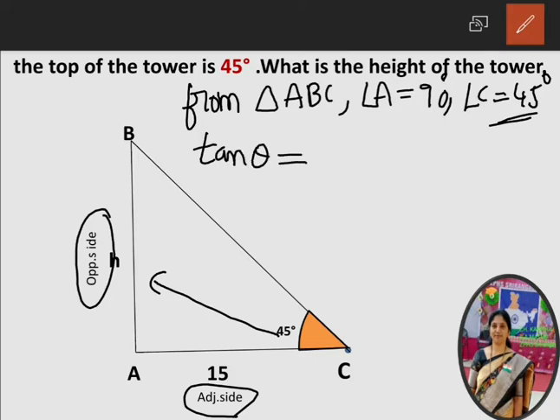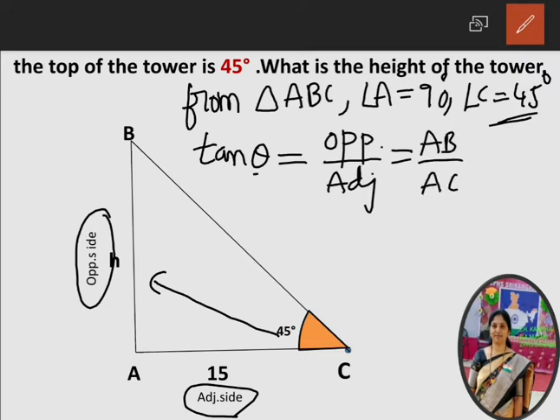Tan theta is nothing but opposite side by adjacent side. Here the opposite side means AB and the adjacent side is AC. And we know the particular theta, here this is theta. So theta value is 45 degrees, so I am writing tan 45 degrees.